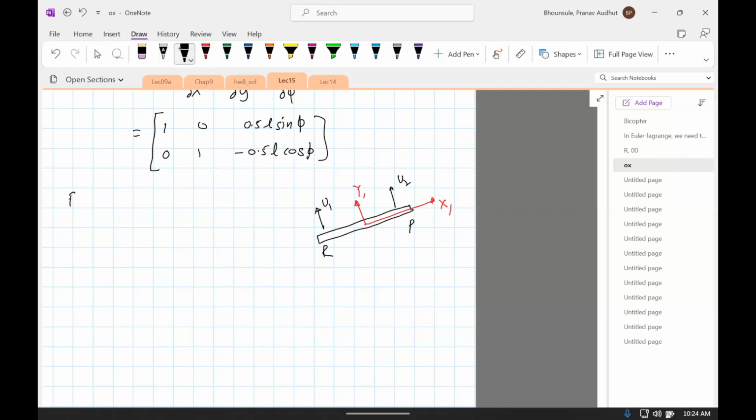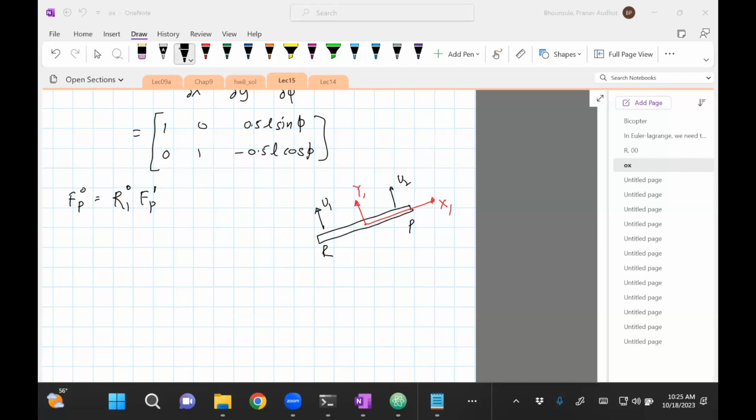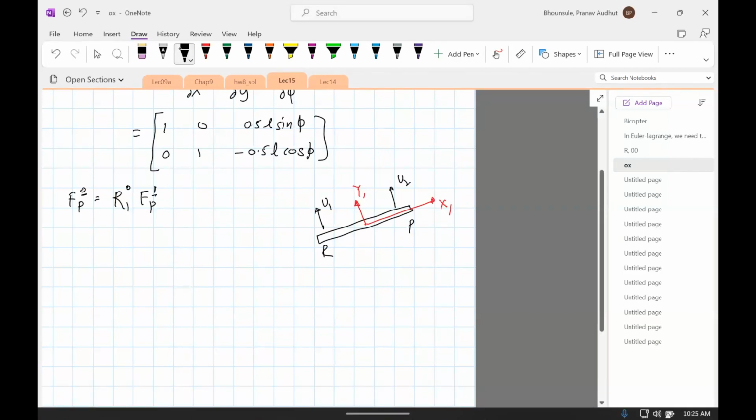Okay, let's compute Fp0. You can see that this is again from a previous lecture. You can use the homogeneous matrix, the R part of it, and multiply it with Fp in frame 1 to get the force in frame 0. So R10 is something we know: cosine phi, sine phi, sine phi, and cosine phi. What's Fp1? It's the force in frame 1, right?